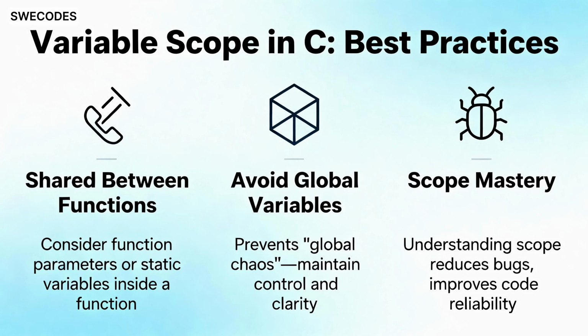If you need a variable that's shared between functions but not truly global, consider using function parameters or static variables inside a function. They give you control and clarity without risking global chaos. So next time you're writing a C program, remember, understanding scope isn't just about memorizing syntax. It's about controlling visibility, reducing bugs, and writing cleaner, more reliable code.